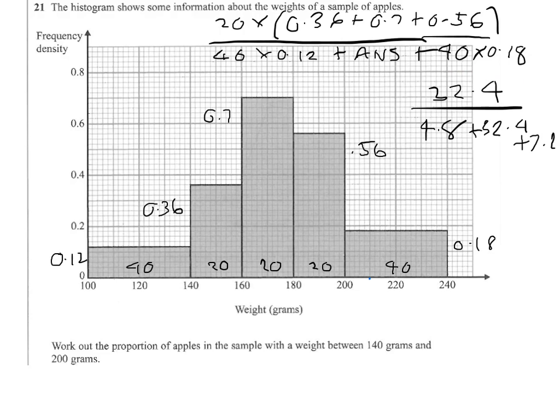So 32.4, all divided by 4.8 plus 32.4 plus 7.2 comes to 73.0%. That is the proportion of apples in the sample with a weight between 140 and 200.